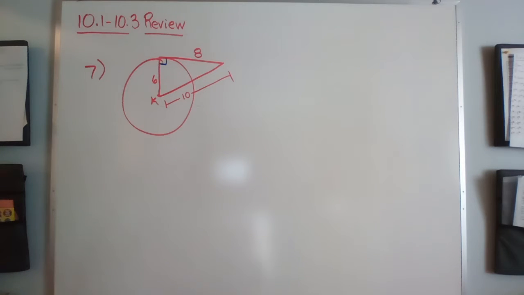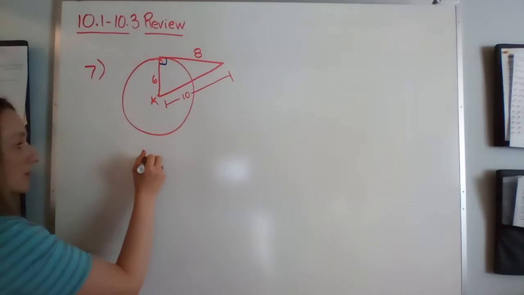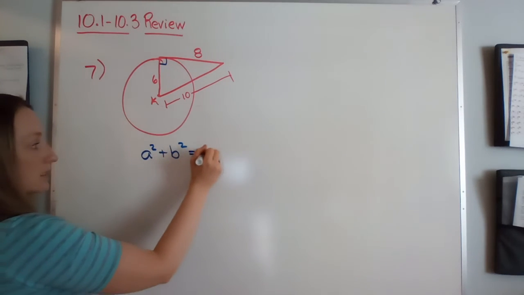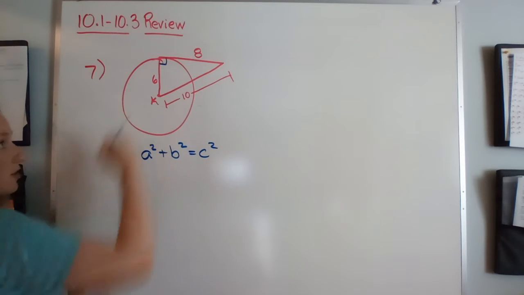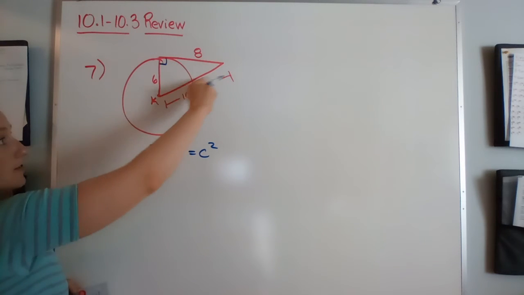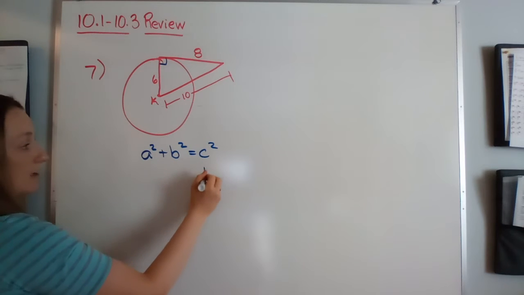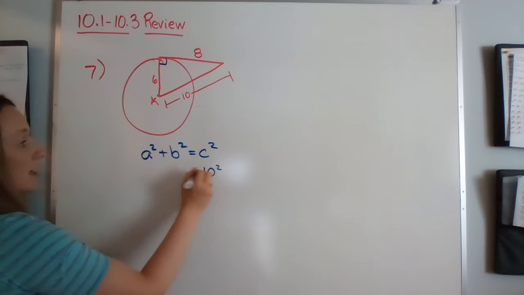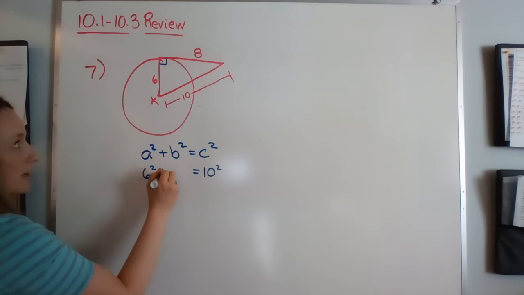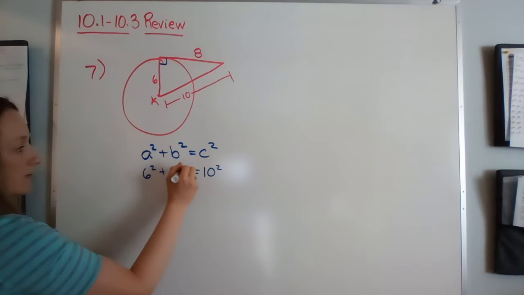And to determine if it's a right triangle, we use the Pythagorean theorem. Okay, that was from last chapter. So a squared plus b squared equals c squared will tell us if this is a right triangle. Your c has to be the longest, that would have to be the hypotenuse. So that's going to be 10. So you have 10 squared, and your a and your b, it doesn't matter which one's a and b, but I'll write 6 squared plus 8 squared.